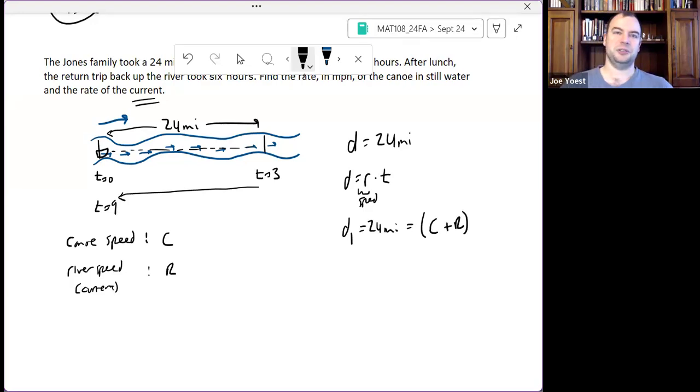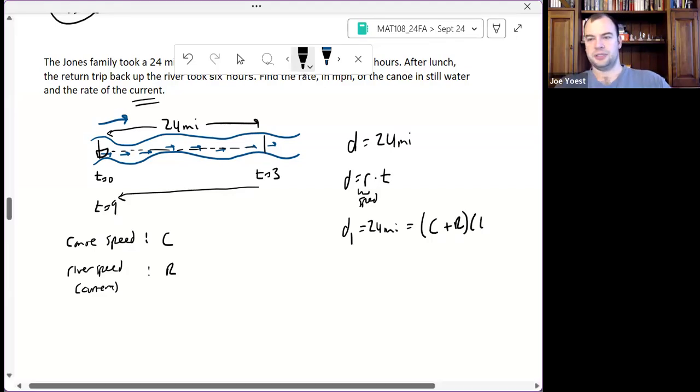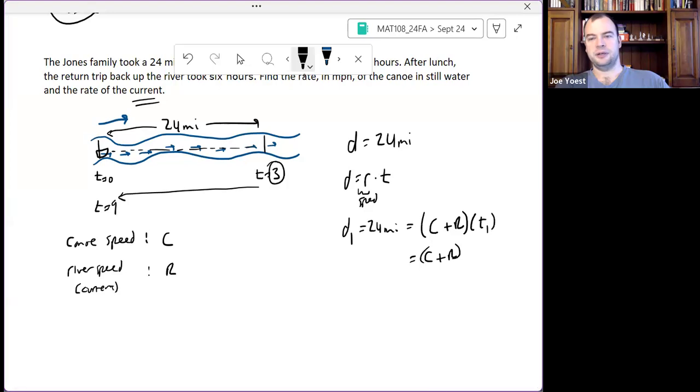The current is pushing us in the same direction we're paddling, times time, say T1, or this is C plus R, and that took 3 hours. So we have one equation, 24 equals C plus R times 3, or that's 3C plus 3R.